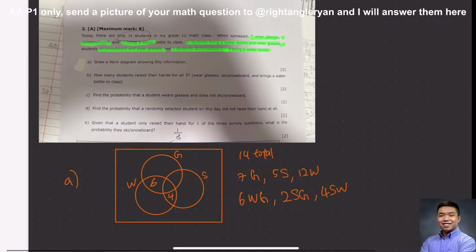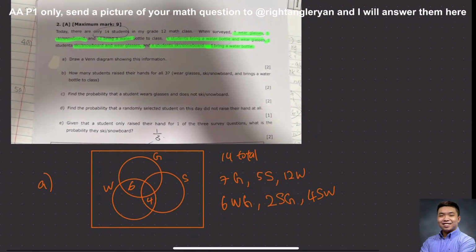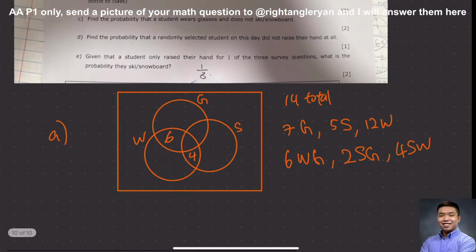So did I get something wrong? 7 wear glasses, 5 do ski and snowboard, and 12 do water bottle. 6 students bring a water bottle and wear glasses. 2 students ski and wear glasses, S and G. And then 4 students, 6, 4, 2. Okay, so that means it must be shared.